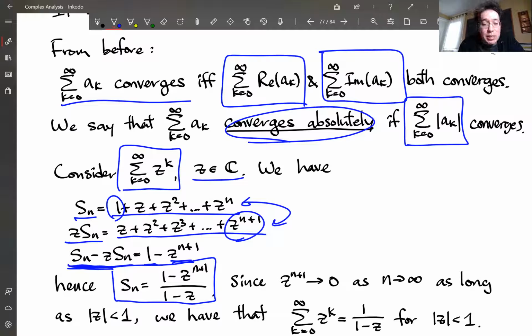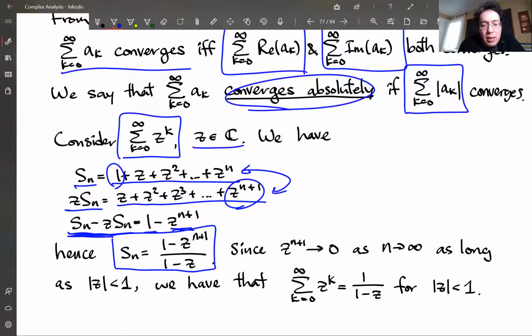This is great because it's easier to take the limit. We just have to look at the numerator, what happens as n goes to infinity of z to the n plus 1. So we know that if we're taking larger and larger powers, the behavior depends on the modulus. If the modulus is strictly less than 1, then the numerator goes to 0.